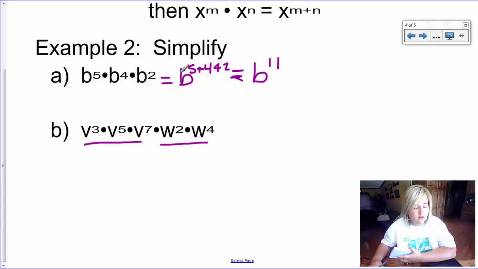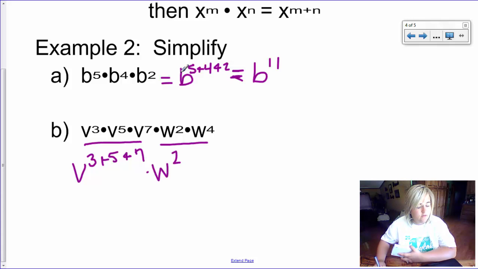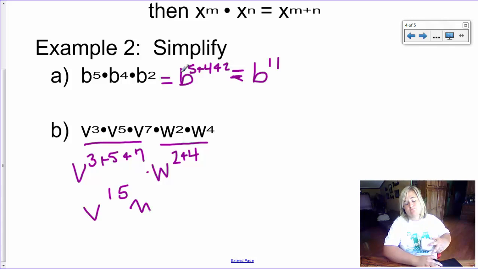But what I can do is add the exponents that have bases of V, and add the exponents that have bases of W. So here I have V to the 3rd plus the 5th plus the 7th times W to the 2nd plus the 4th. And then all I have to do is simplify. So I have V, 3 plus 5 is 8, plus 7 is 15, times W to the 2 plus 4 is 6.